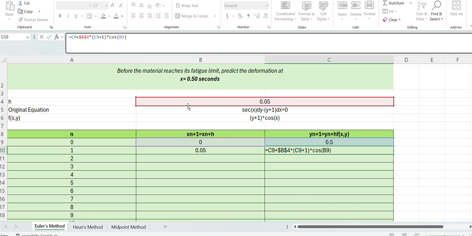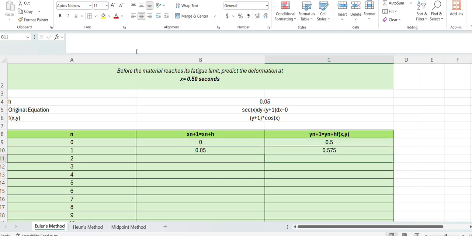And for us to be sure of our answers, we must include several parentheses. And as we evaluate, we have found the value, which is 0.575.